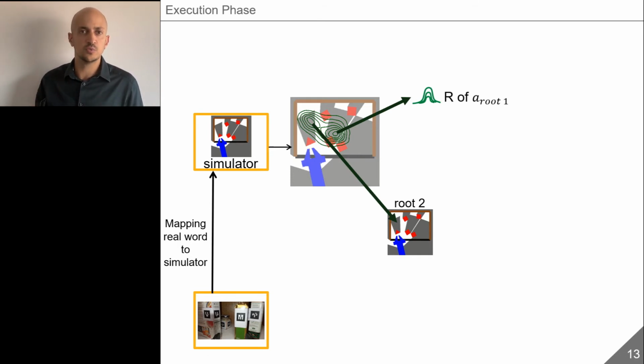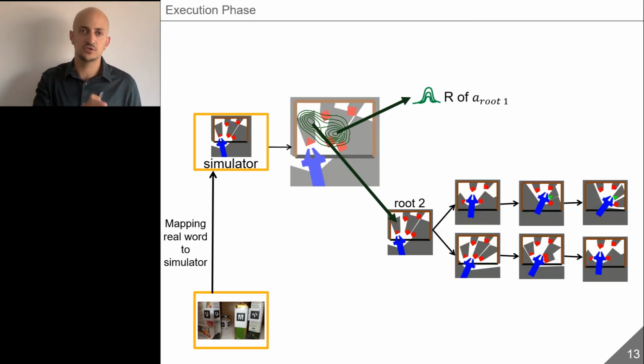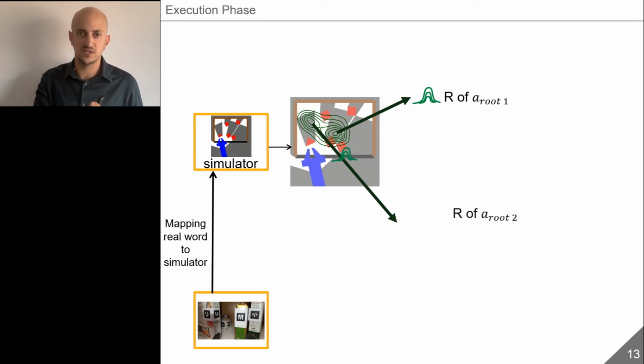So in other words, we're scaling the highest return by how likely it is to find the desired object at the predicted location. This whole process of a look-ahead search is then repeated over the other root states, so root state 2. We also get the return and scale it by the weight of its root state.